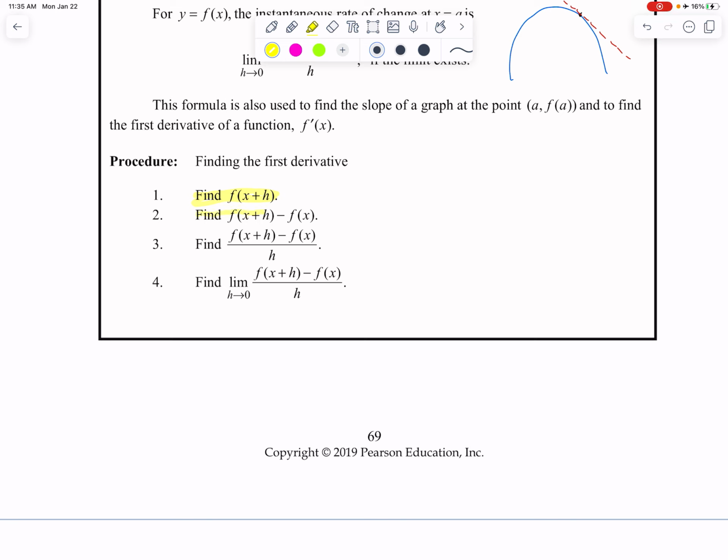And then we subtract off the original y value, f of x. So that takes care of our numerator. Then we put all of that over h, the difference, how far we moved from one x to the other. And last, we take the limit as h goes to 0 of this function that we have found. So our 4 steps are really just breaking it down, following our order of operations.